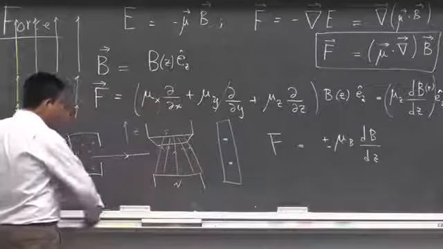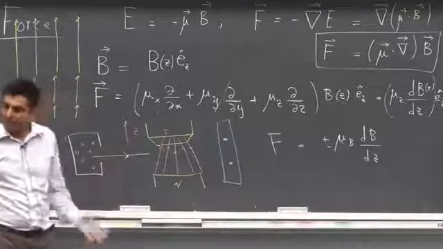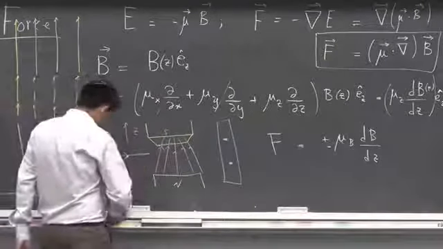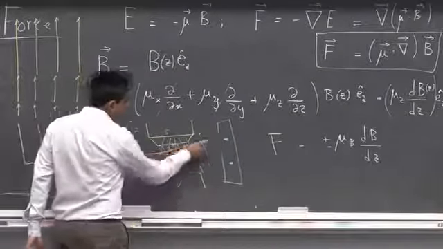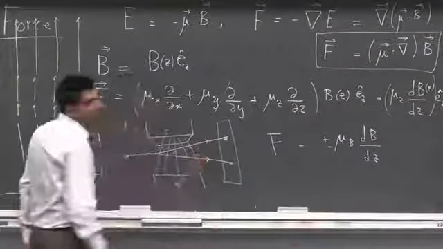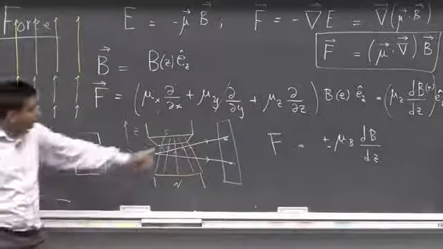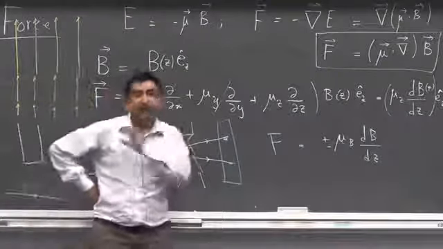Hence, because of these forces which take up quantized, discrete values, this beam could be steered in the upward direction or in the downward direction. Alright, and you get two distinct spots. And these two distinct spots tell us that it's a spin half particle.